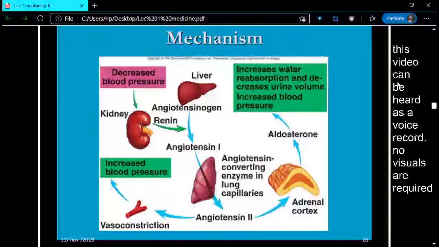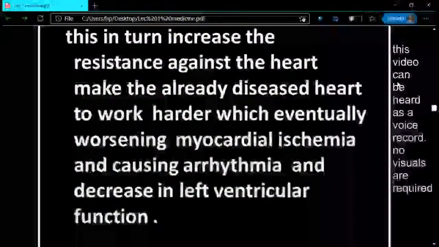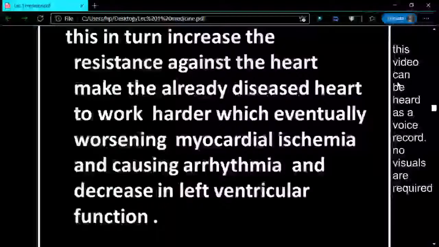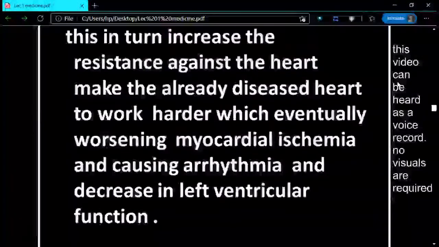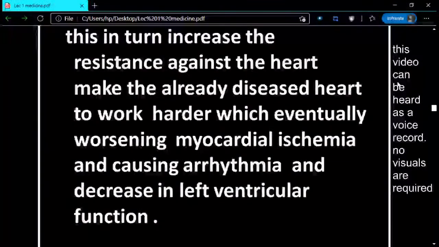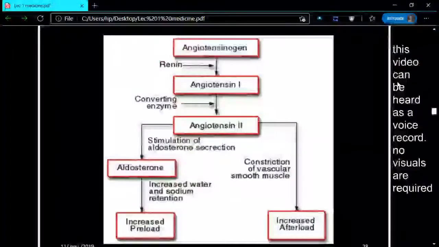Angiotensin 2 also has the function of increasing the blood pressure. All these processes in turn cause the heart to fail. Of course, this is all just a review of what we studied in the last lecture.